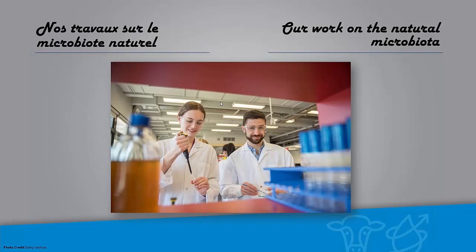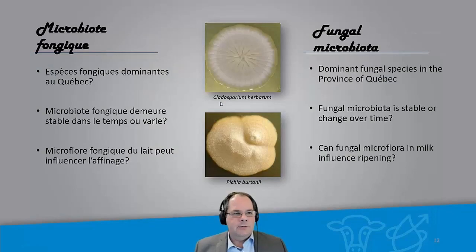So our work on natural microbiota began more than 15 years ago now, and we have focused on mold sections and specialty microflora. Our work began on fungal microbiota present in milk from Quebec. We recruited a number of processing plants and farms, and we checked the presence of fungal microflora in different samples.